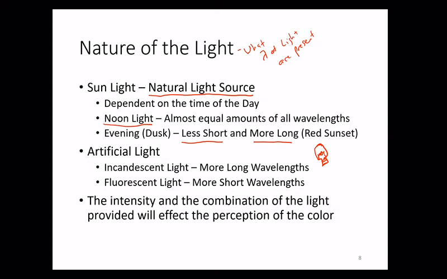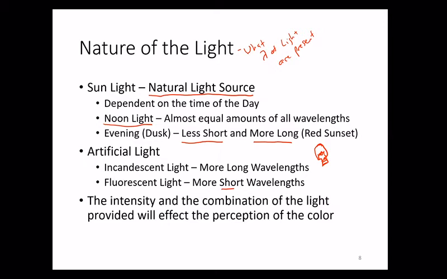When it glows, that creates the light. Incandescent light has a higher proportion of the long wavelengths, which means there's a slight reddish tint to that light. We perceive that more as an orangish or yellowish tint because it's in that range where most of the wavelengths are present.